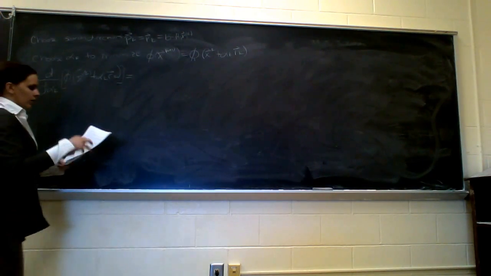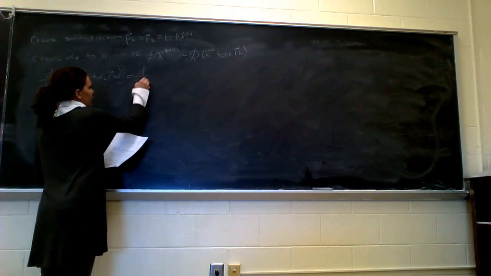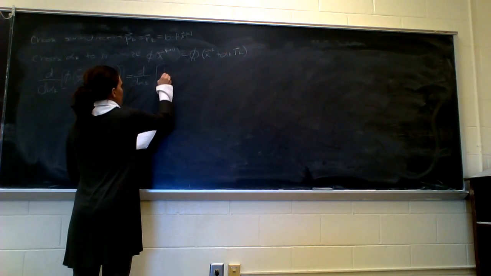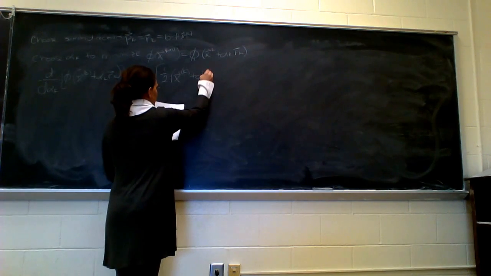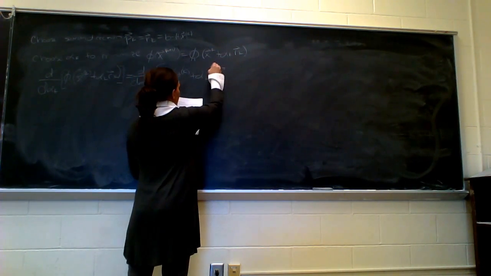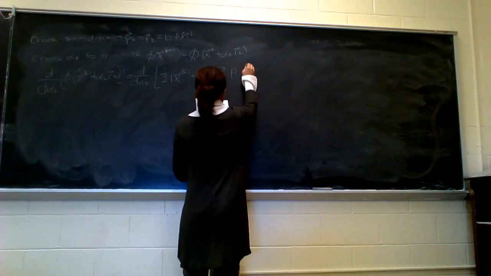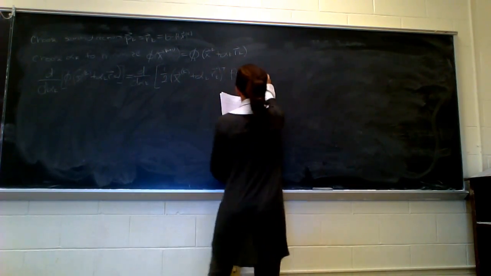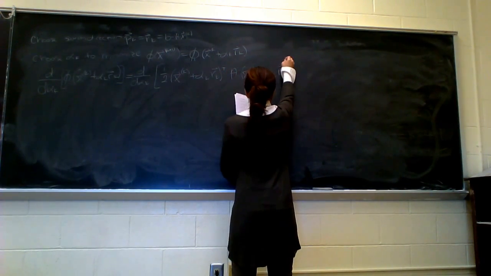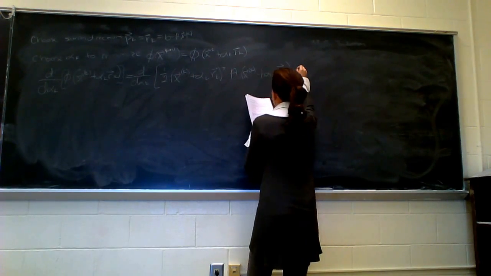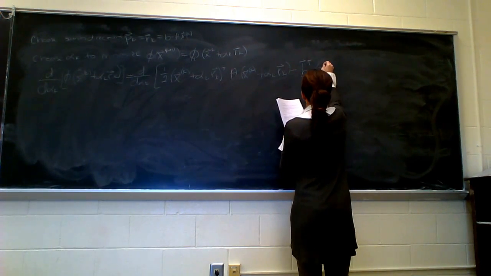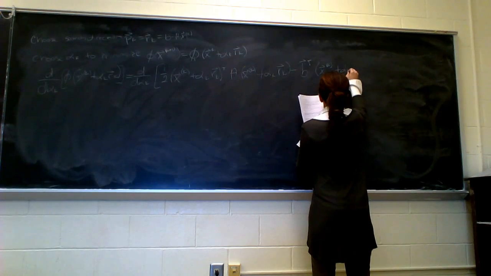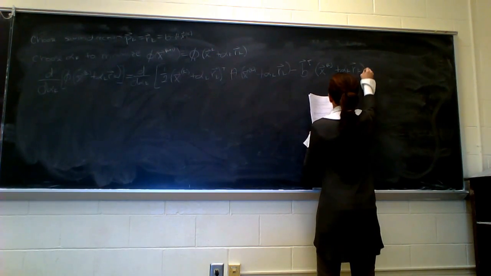Before I even differentiate, we have 1/2 of (x k plus alpha k r k) transpose A (x k plus alpha k r k), and then this is minus b transpose (x k plus alpha k r k). We want to differentiate all of that with respect to alpha.